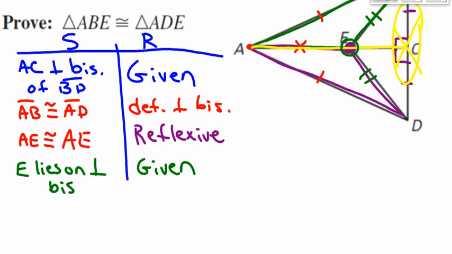Since E lies on the perpendicular bisector, EB has to be congruent to ED, and that is going to be definition of perpendicular bisector.